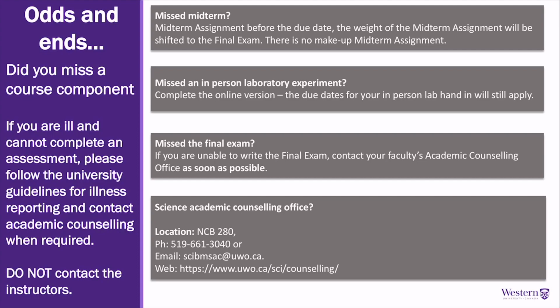What I mean by that is you don't get 0 on the exam. Rather, they'll let you write a special exam, which normally happens for Chem 1301 the very first week back in January. However, you don't want to use your free ticket the very first term you're at university. So please stay organized and write your exam. Here's the contact info for science academic counseling, and for everybody else who's in a different faculty, you can Google where your faculty academic counseling office is.